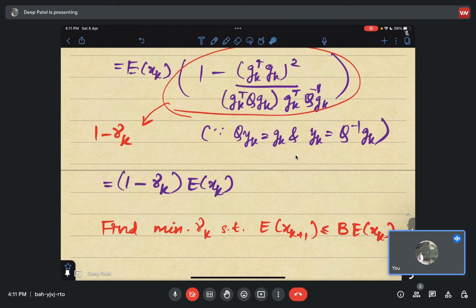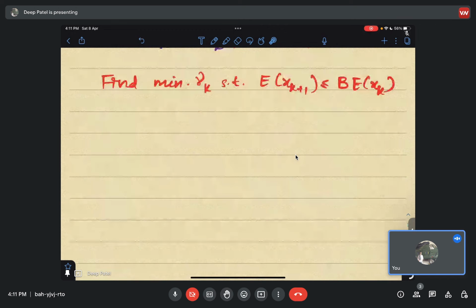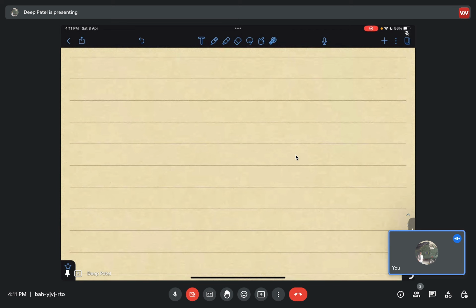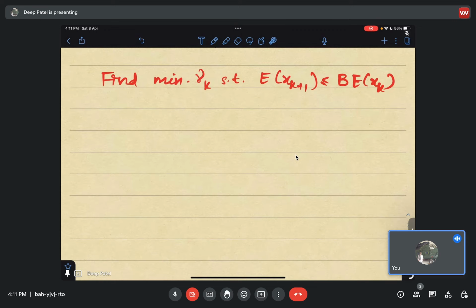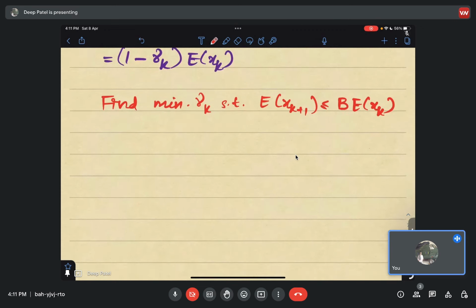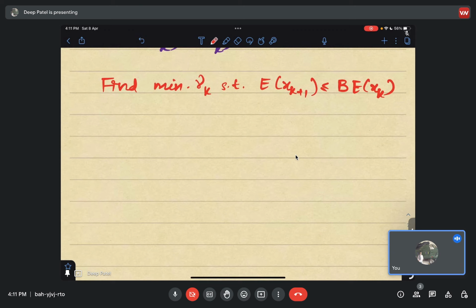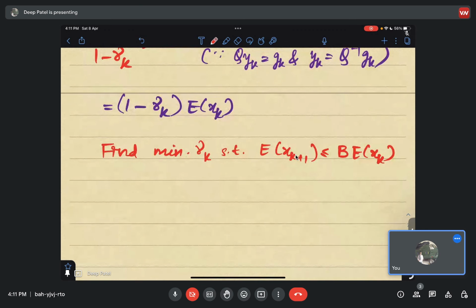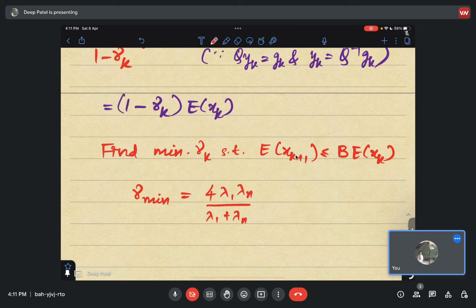So that's going to get a lot complicated, so I think I will skip it for now, but we can return to it later if you like. And when you optimize this, gamma min will actually look like 4 times lambda 1 lambda n over lambda 1 plus lambda n squared.